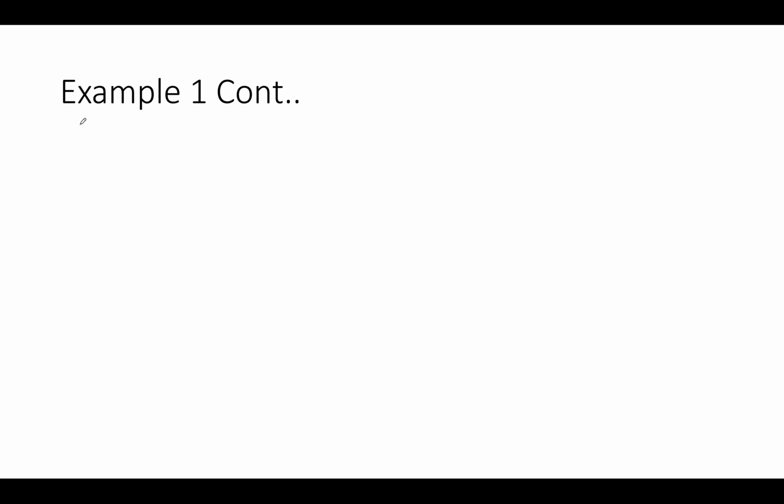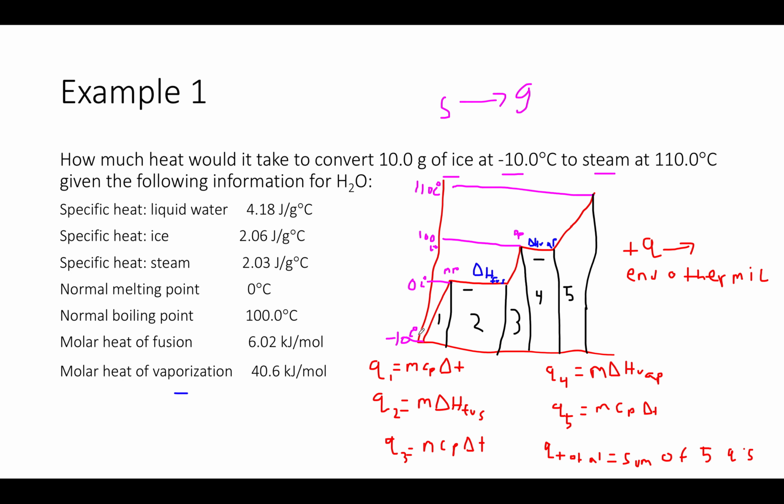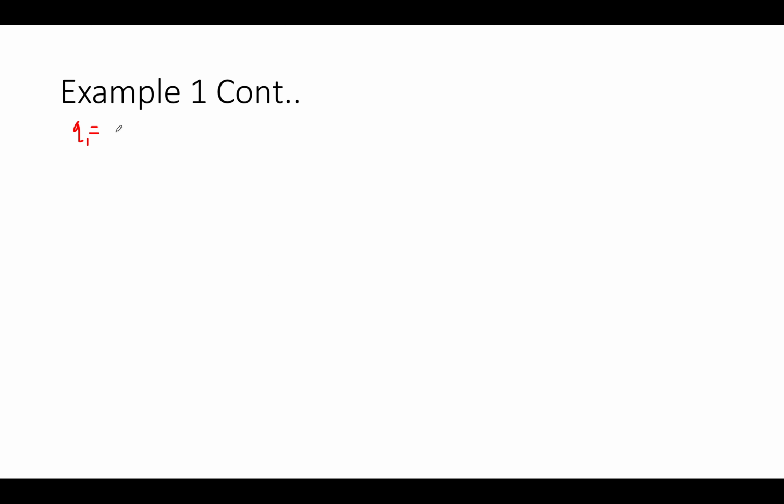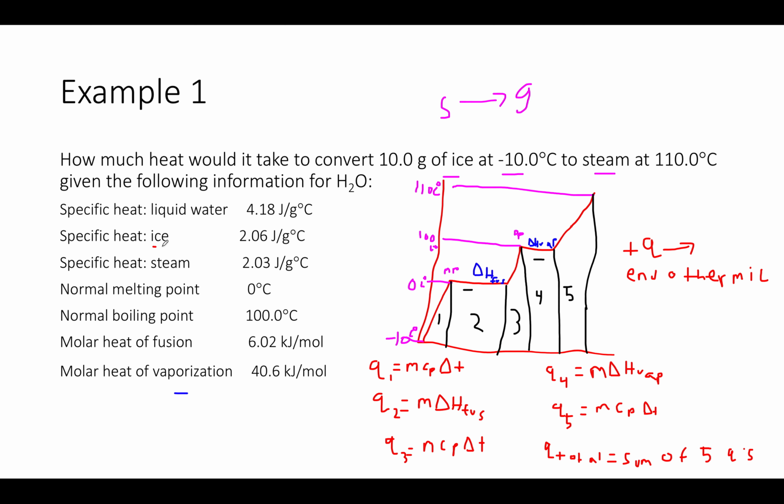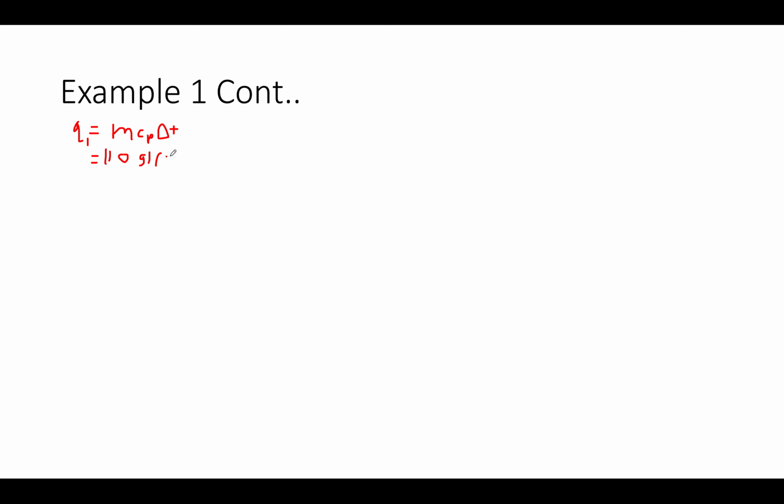So our first Q, Q1, we have a temperature change. So it would be mass times specific heat times the change in temperature. Our mass of ice is 10 grams. The specific heat of ice, make sure you're using the right specific heat, is 2.06.